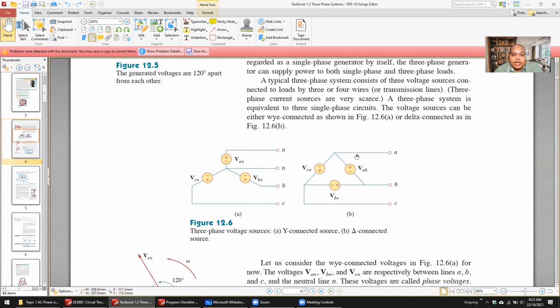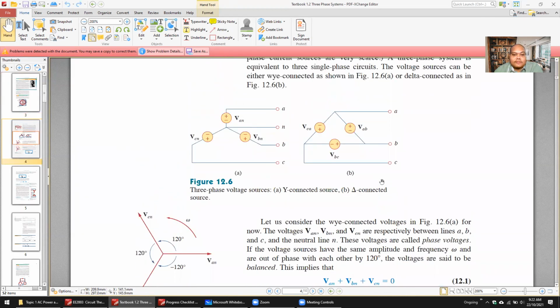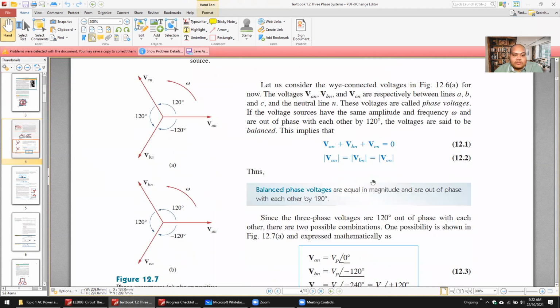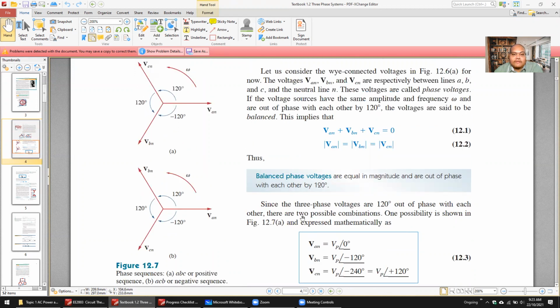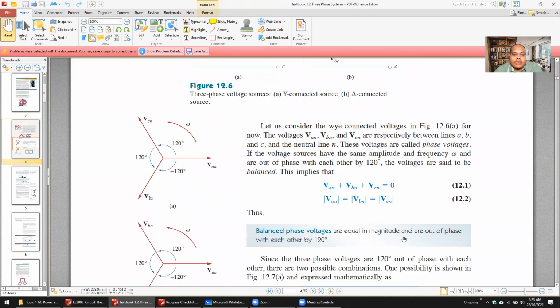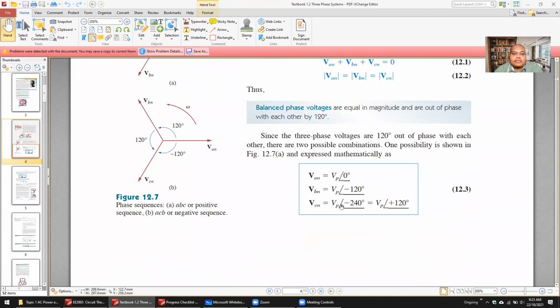This one is delta, you look here, it is a triangle. And this is the voltage I mentioned. The voltage source here can be phase 0 degree, negative 120, negative 240, or positive 120.